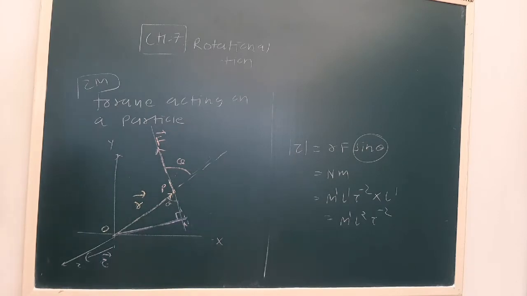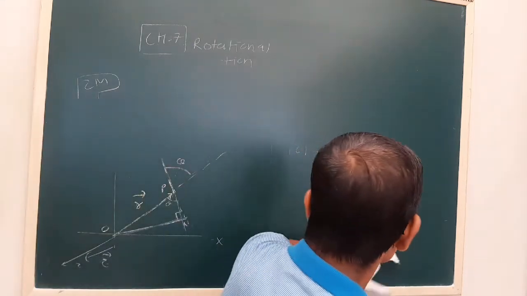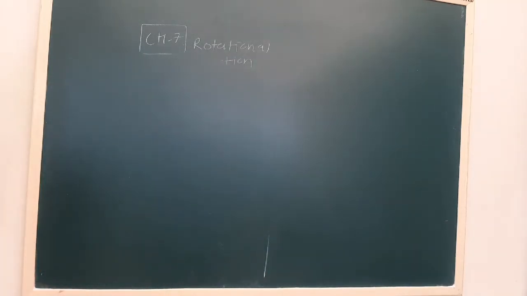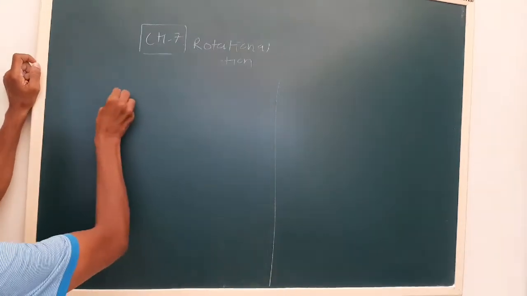Now this is about torque. Here we have studied a torque acting on a particle. Now next we have to study about the rotational motion. Next we have to study about the angular momentum.